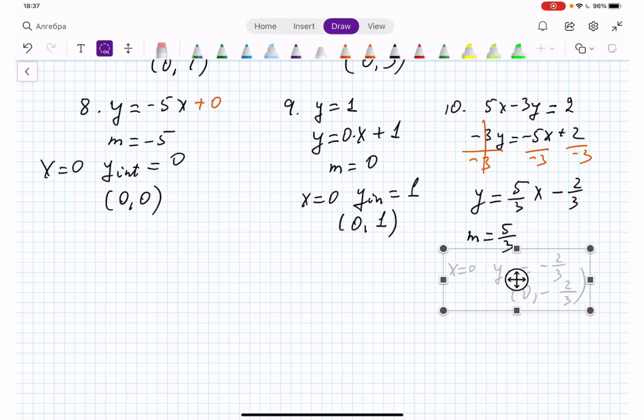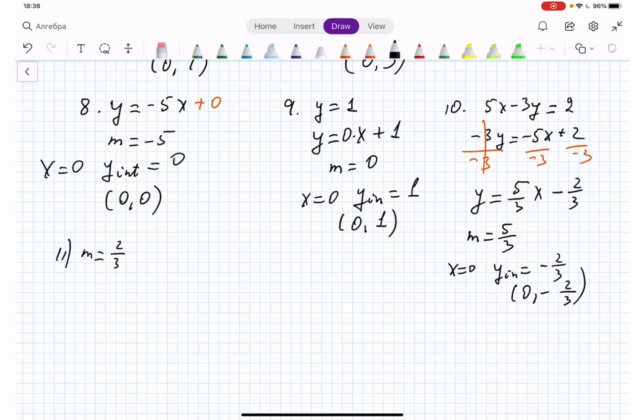Question number 11. m is equal to 2/3, b is equal to negative 1. So in this case, this b is our y-intercept. We need to graph the line using the slope and intercept.